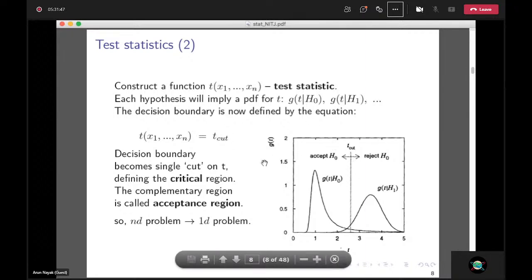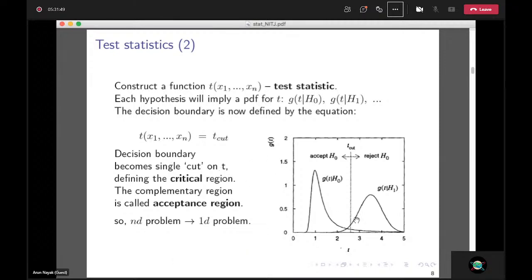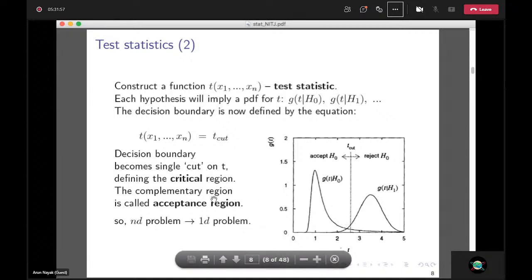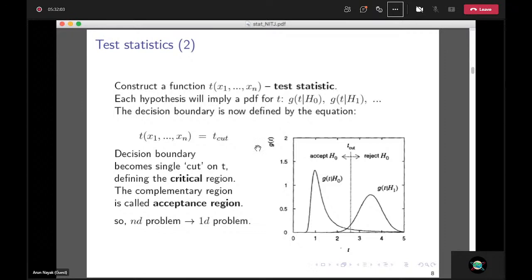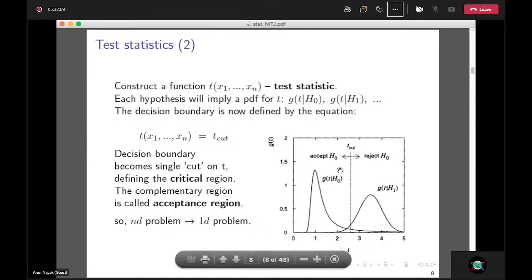The region above this cut is called the critical region, and the complementary region is called the acceptance region. So it's basically combining the many variables in such a way that you get a 1D variable. So an N-dimensional problem reduces to a 1D problem of separating the two classes of objects.